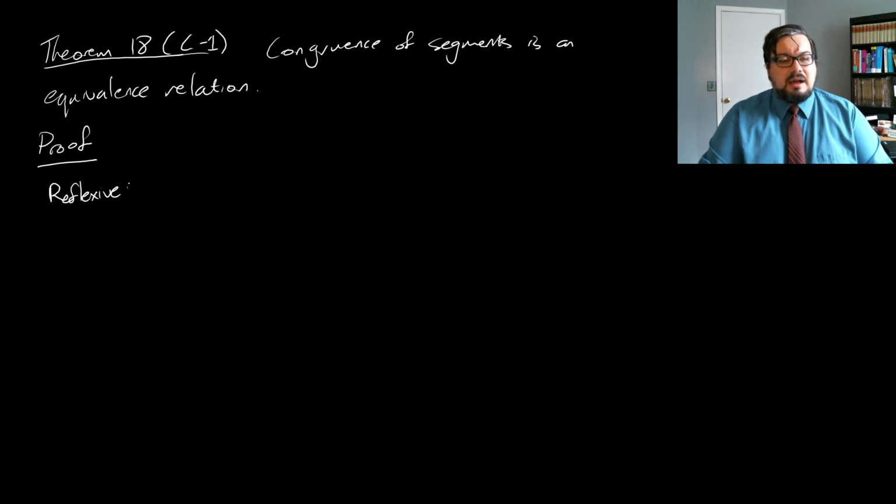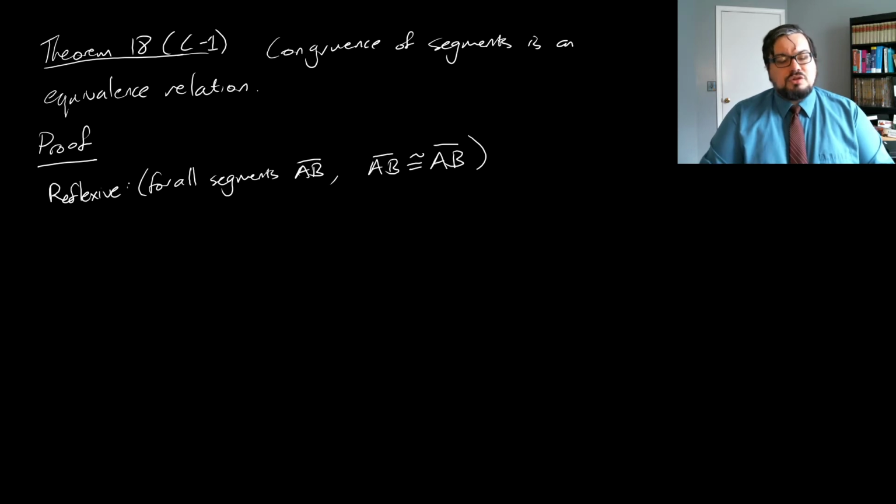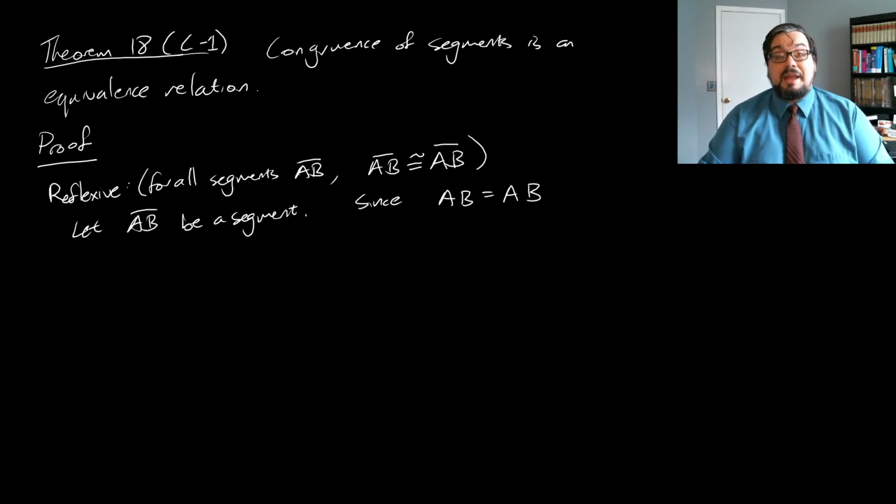That is, I want to show that for all segments AB, a segment is congruent to itself. So let's prove that. Let segment AB be a segment. Since the distance from A to B is equal to the distance from A to B, we have that the segment AB is congruent to the segment AB.